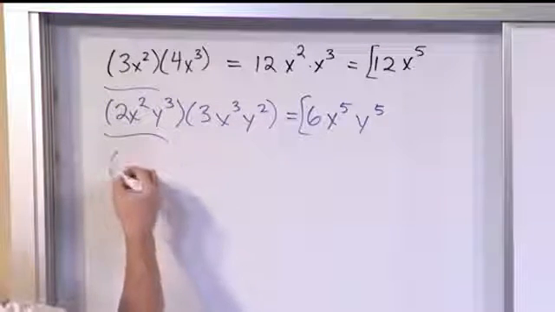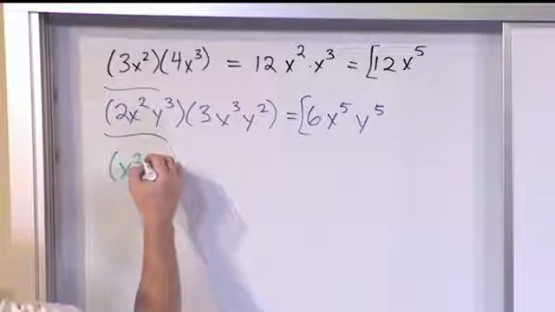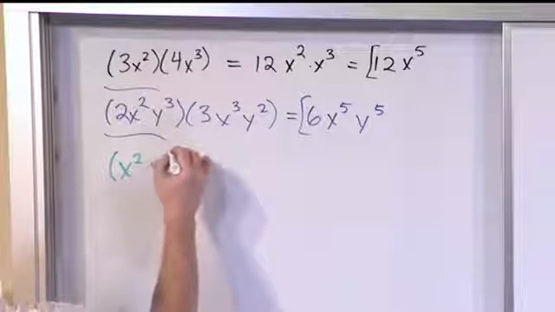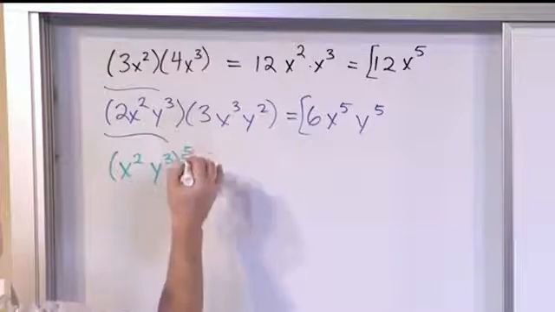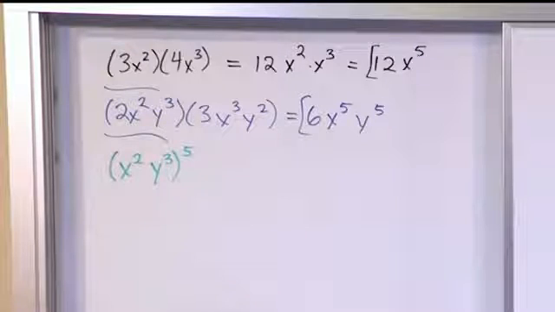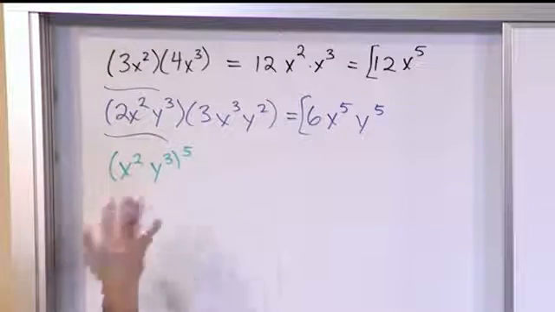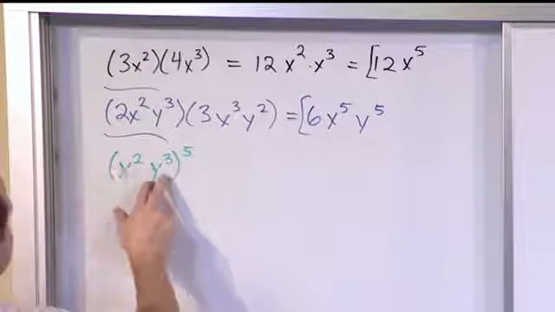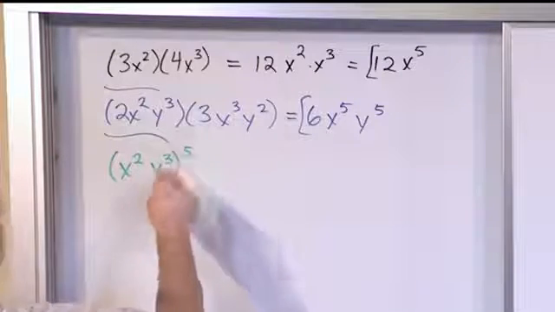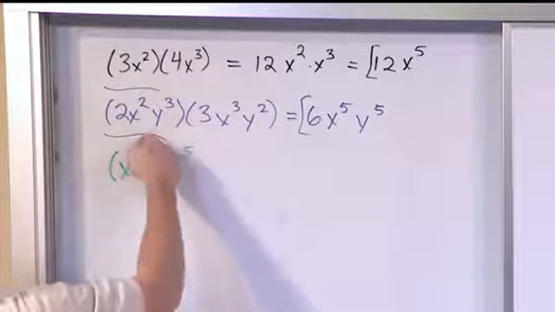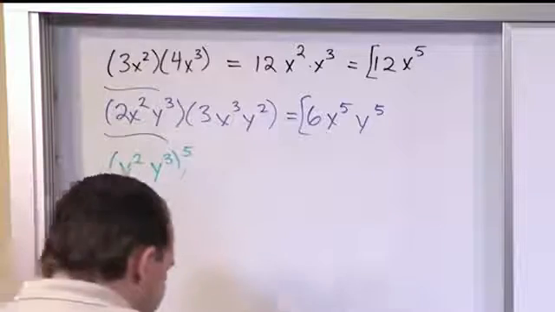Now what if we had x squared times y cubed all raised to the 5th power? We've done problems like this before. We have two things going on here. First, we have two items in the parentheses, and we have the exponent there. So the exponent is going to be applied to each of the terms inside.